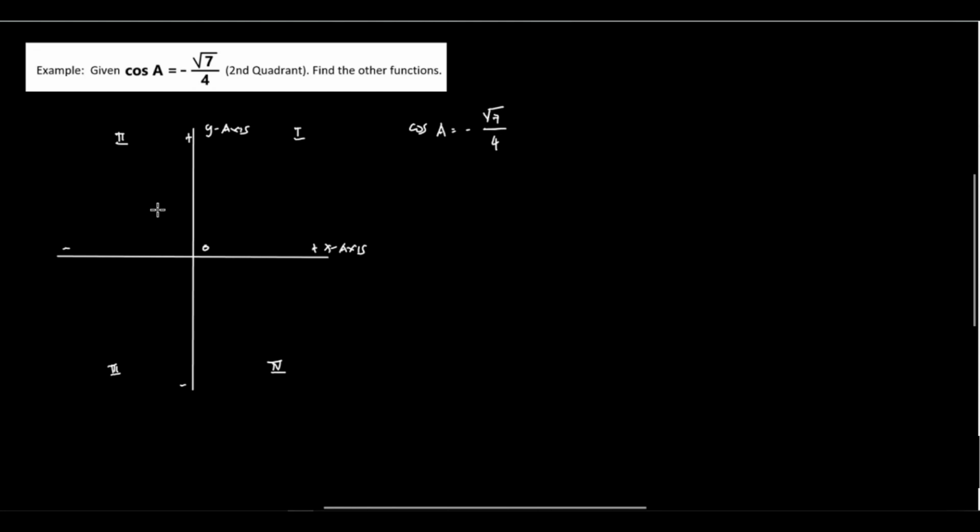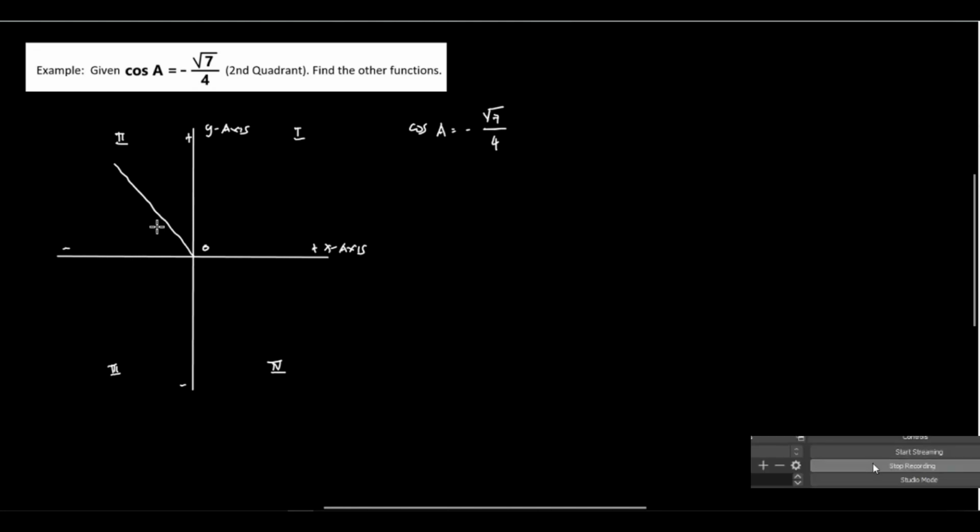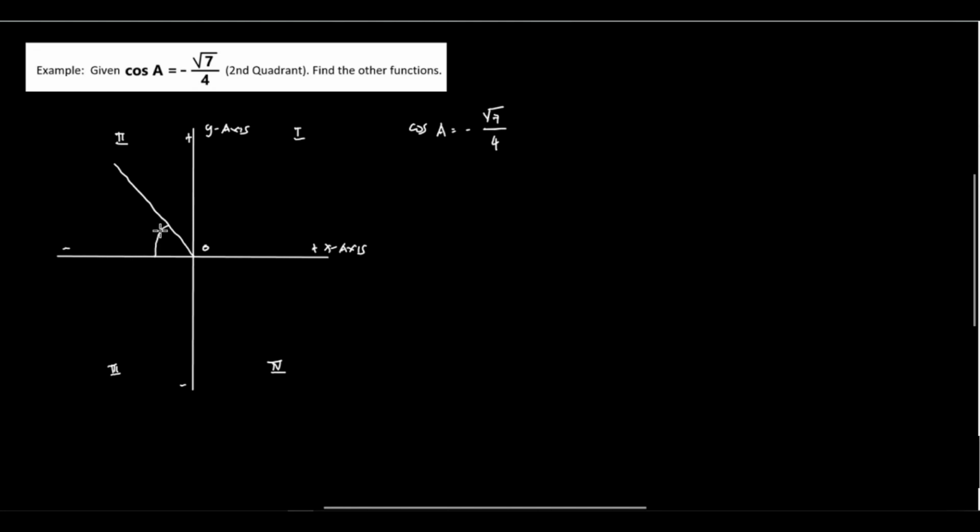So this is the second quadrant, and this is the line, and the angle A is always located from the x-axis up to the line. So this is the angle A, and it forms a right triangle, and this is 90 degrees. The side opposite the angle is O, this is adjacent, and the longest line is always the hypotenuse.